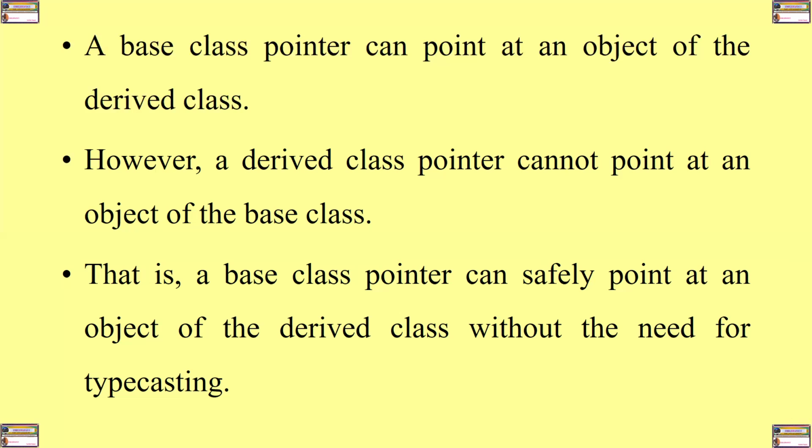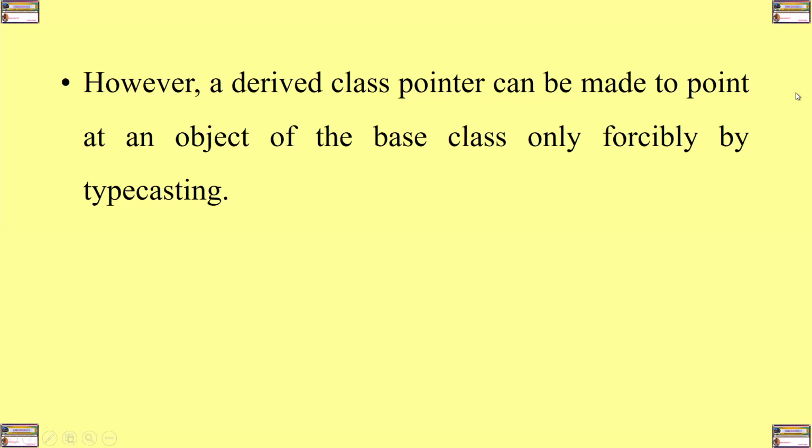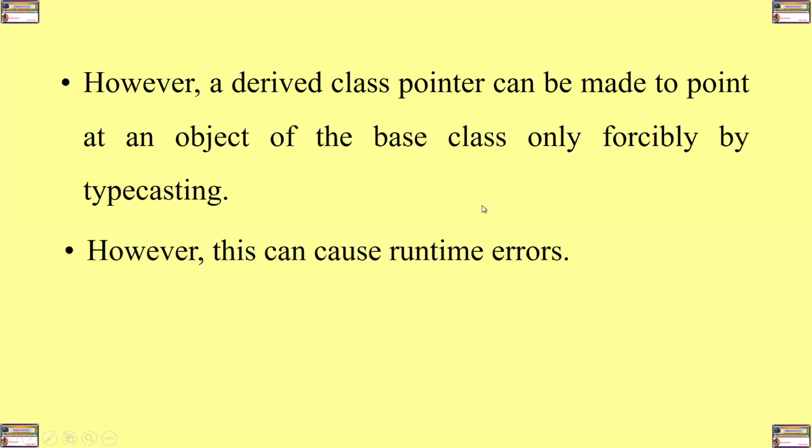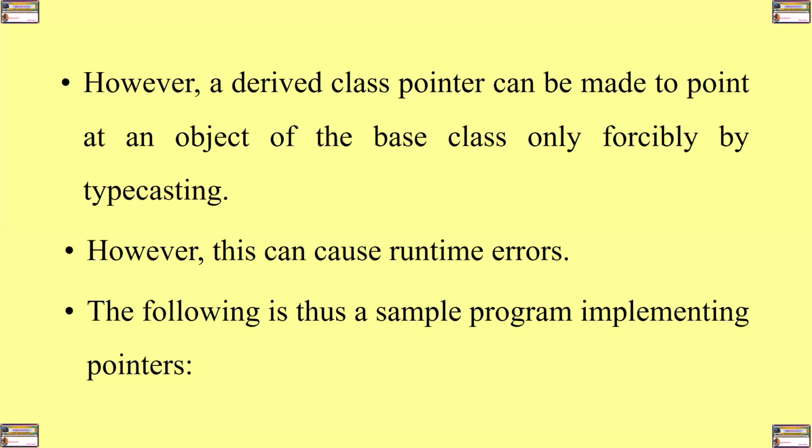A base class pointer can safely point at an object of the derived class without the need for typecasting. However, a derived class pointer can be made to point at an object of the base class only by typecasting. However, this can cause runtime errors.